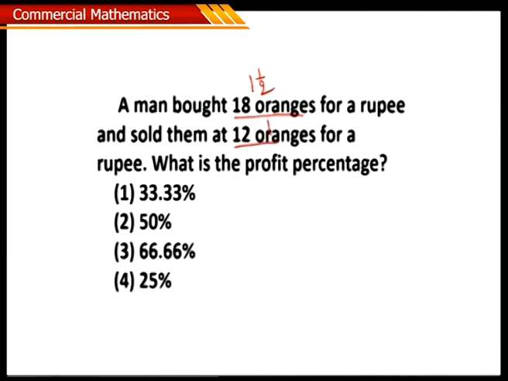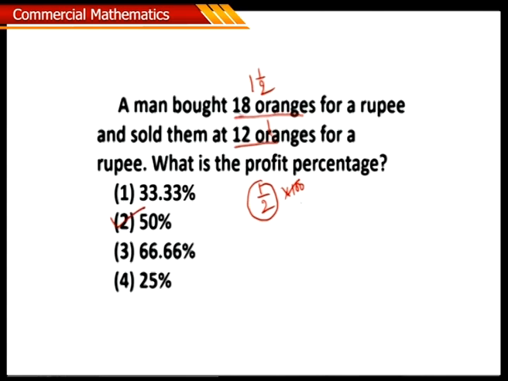So what happens here? For 1.5 dozen, 1 dozen he is selling for the same price, means he is getting a profit of half dozen, means half. For every time he is getting half. Half means half of 100 is how much? 50%. So clearly we can observe that 50% is his profit. Okay.